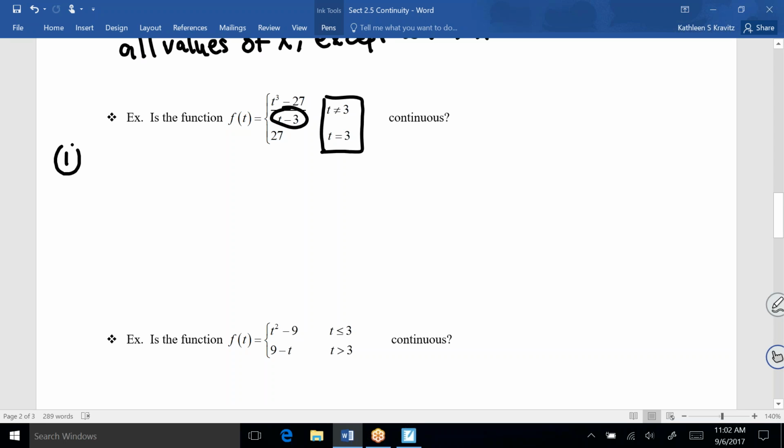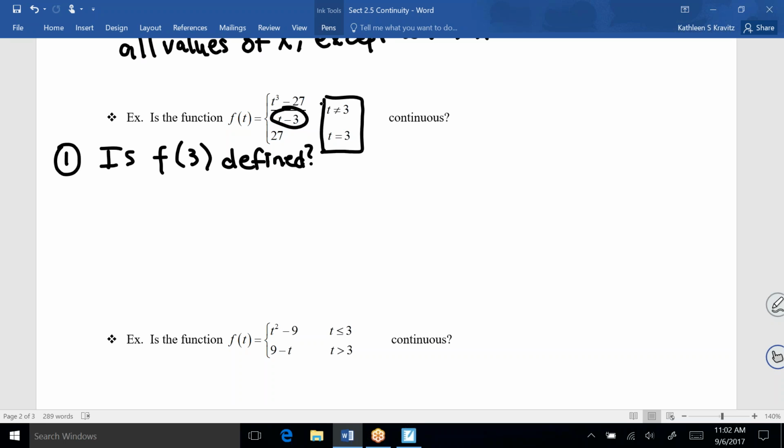So we're going to do the three tests. The first one that we have to find out is, is f of 3 defined? Because that's the only potential problem, is at 3. So when t is equal to 3, is the function defined?